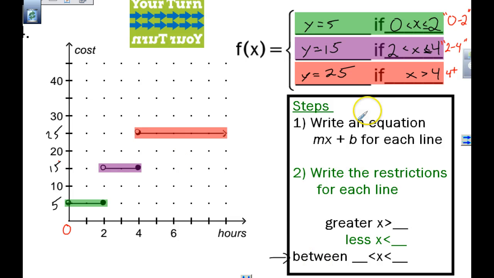So make sure you associate these from one number to another with this in-betweens format. And then if it's a number and above, that's greater than. If it was a number and below, like on the next one, it'll be a less than.